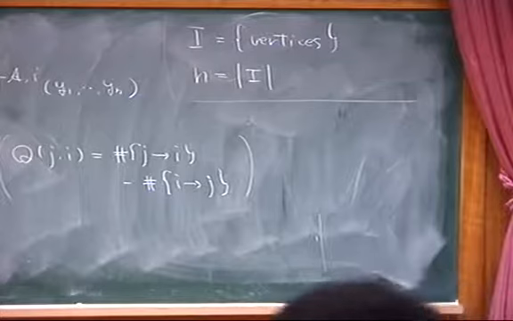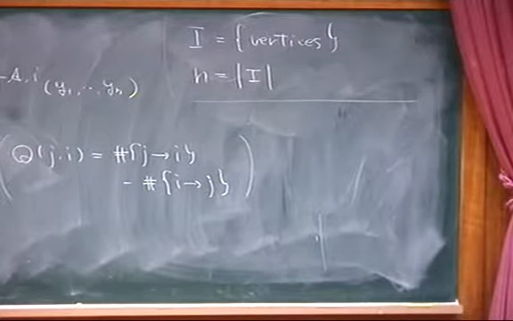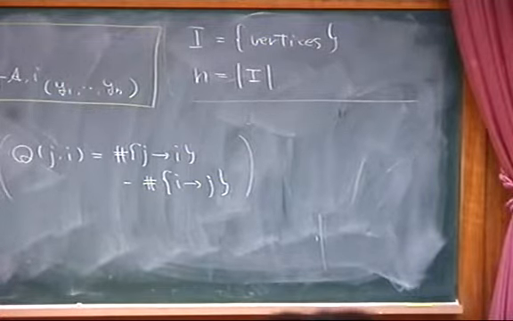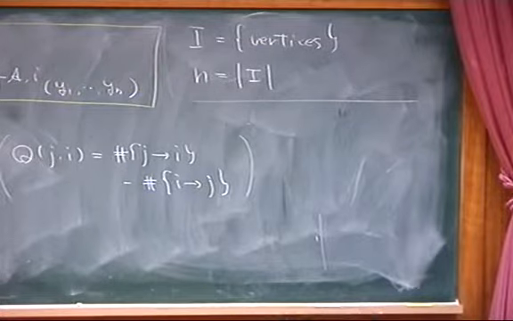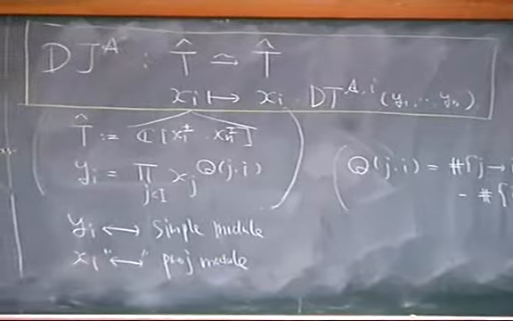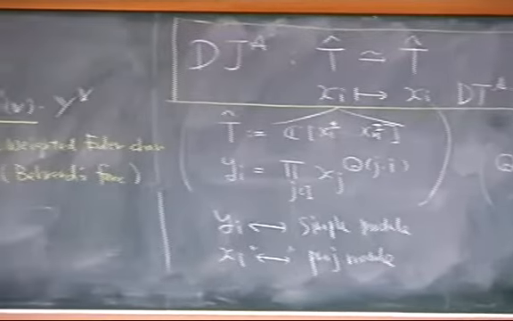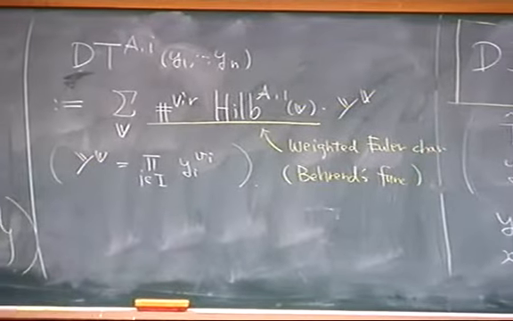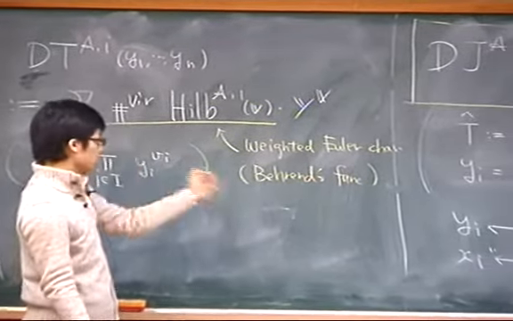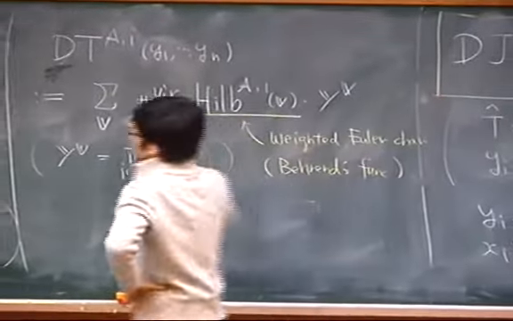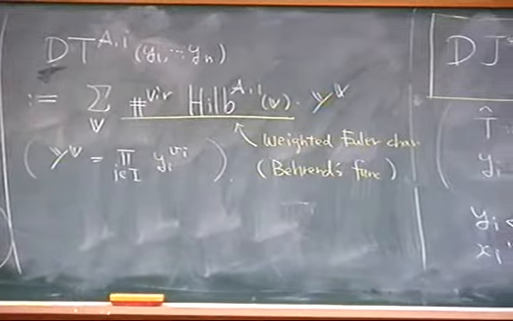And starting from a quiver with potential, we get such an automorphism of the torus, which contains the information of the generating function of non-commutative Donaldson-Thomas invariants. So what I'd like to do from now on is to describe the transformation formula of these torus automorphisms.